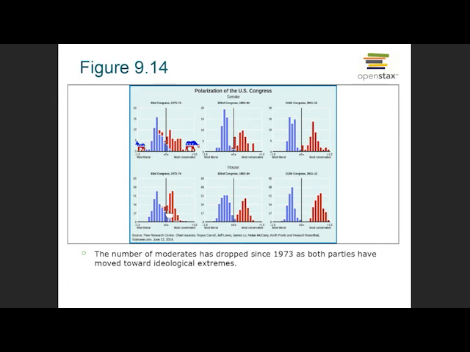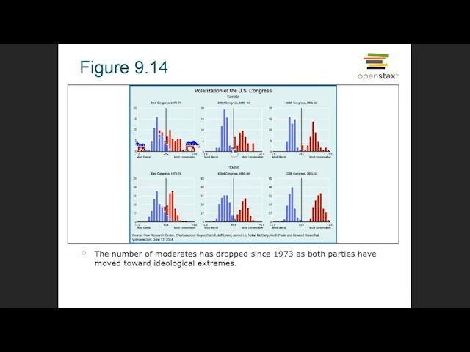Jump forward to '93 and '94, 20 years, and look at the shape right here and the shape here. Notice the center is starting to hollow out. Democrats have moved a little to the left, but what we see is more Republicans that were way over here, left of center.